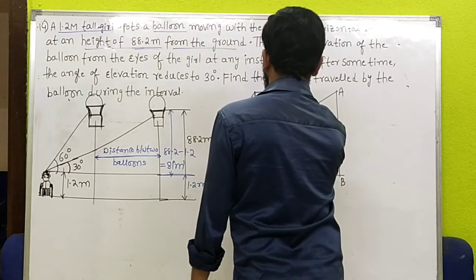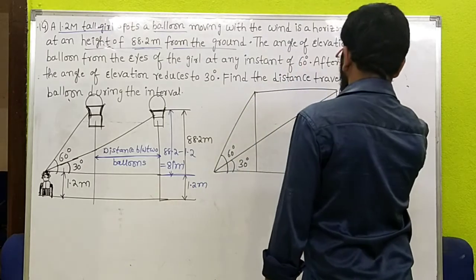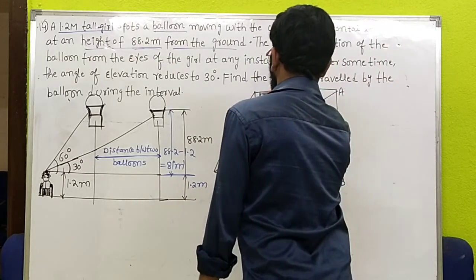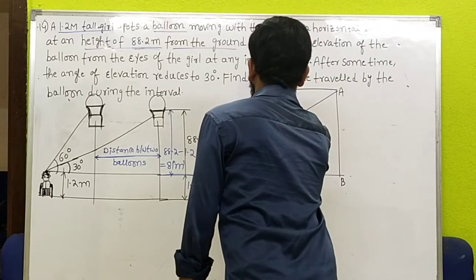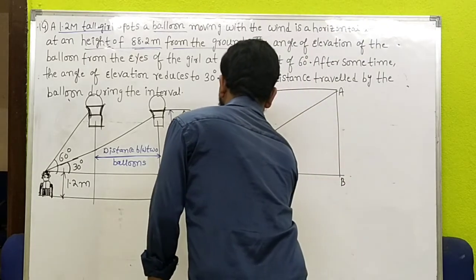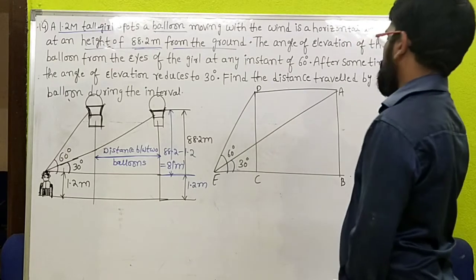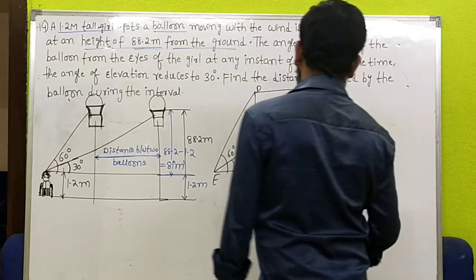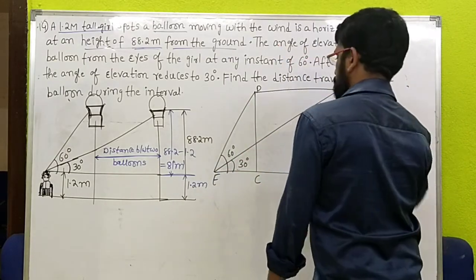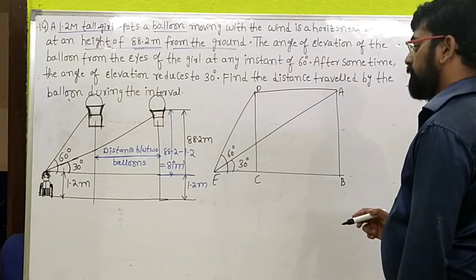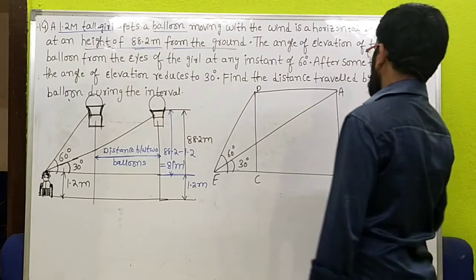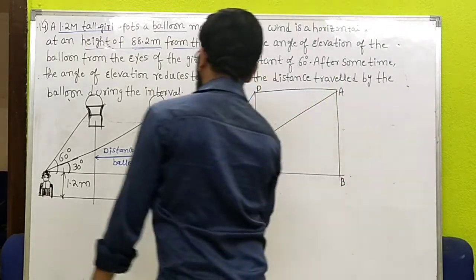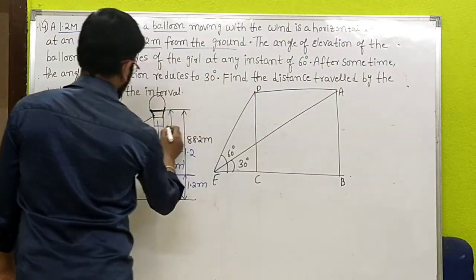So we need to find this. So this is A, B, C, D, and it is E. Now let us consider the triangle, first of all this one. Let's take this as A.